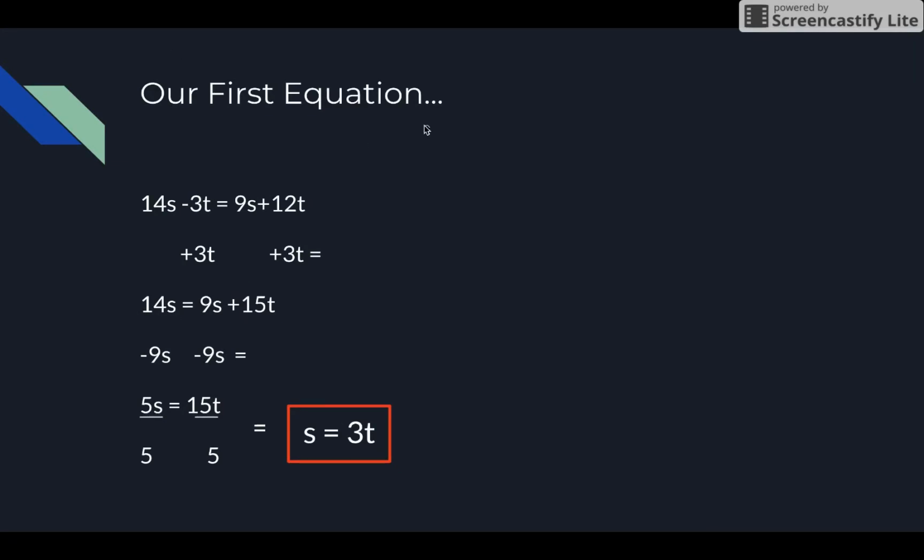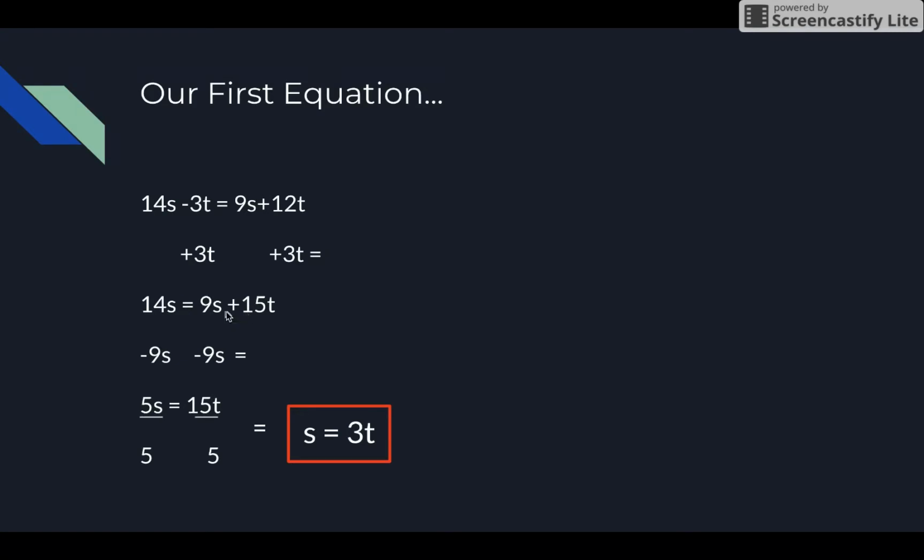We're going to deal with our first equation, which used the corresponding angles. We have 14s minus 3t equals 9s plus 12t. We need to add 3t to each side of the equation, leaving us with 14s equals 9s plus 15t, because 12 plus 3 is 15.